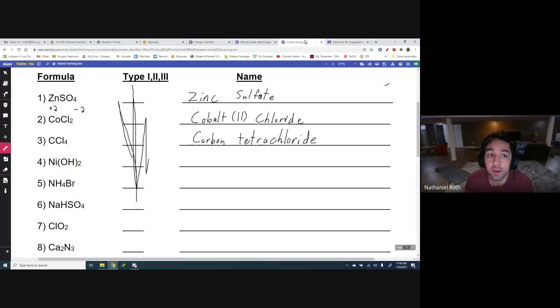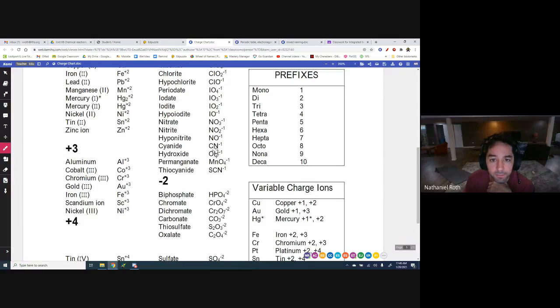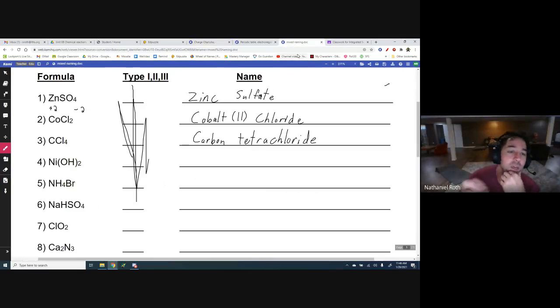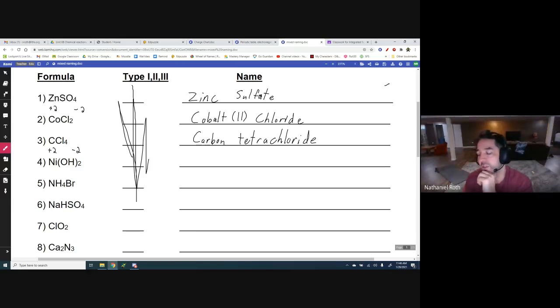So we do need Roman numerals. So we got to figure out what our charge is of Ni. To do that, we have to figure out our charge of OH. OH is a polyatomic ion, so we have to find it on the charge chart. It is right here. It is called hydroxide and it has a charge of -1. Now, since we have 2 of them, we have a total negative charge of -2, which means we need a total positive charge of +2.